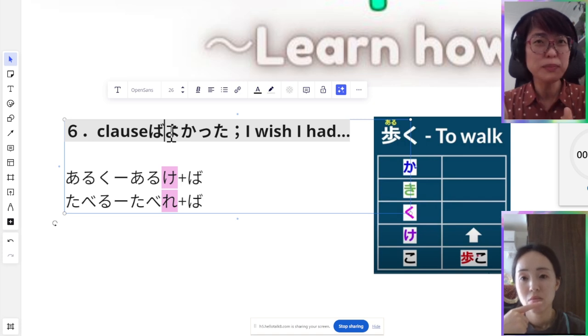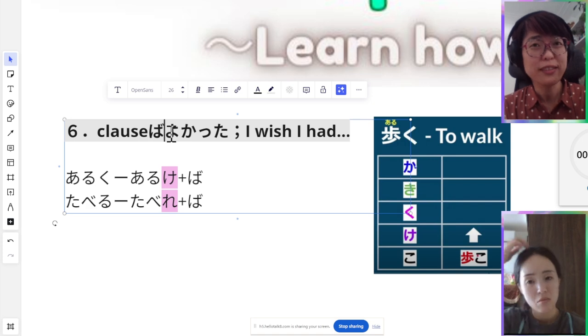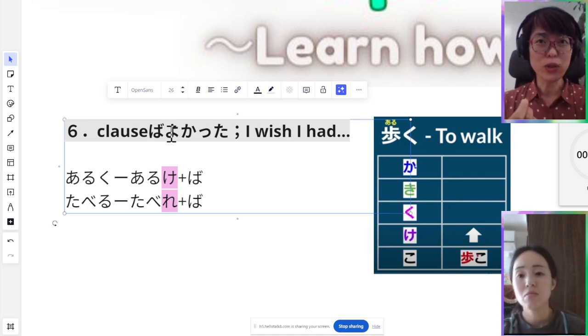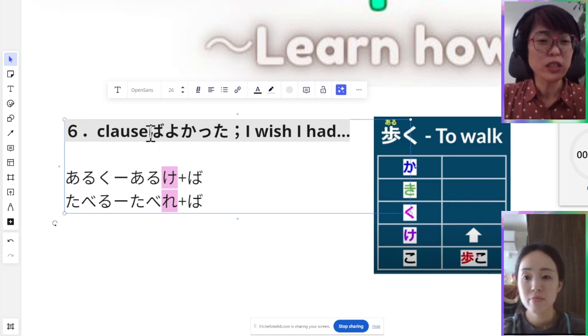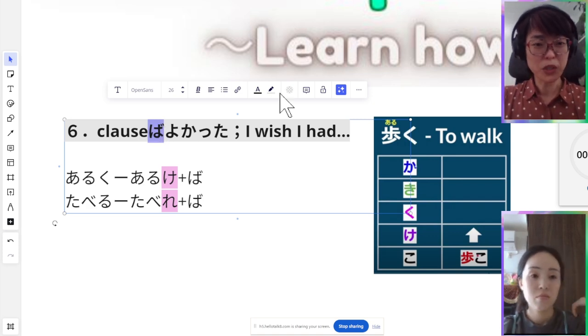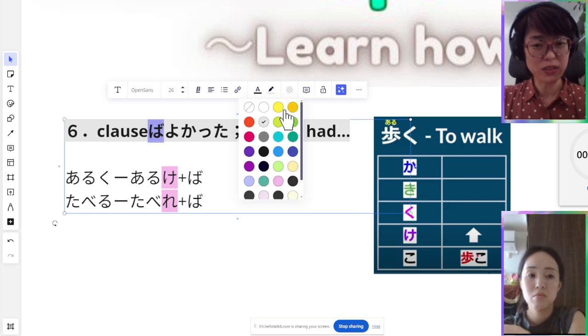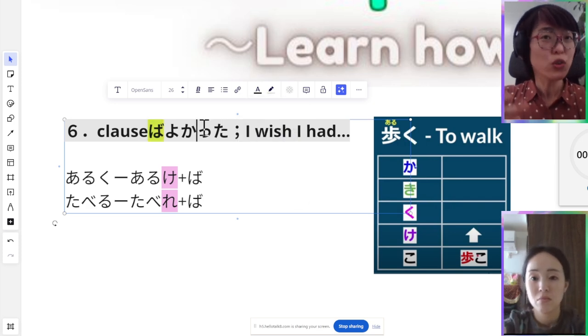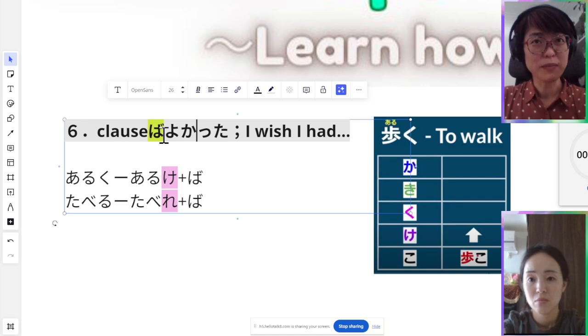Why are you not explaining it well? It's really confusing. That's Andy's point. If you encounter this phrase, ba yokatta, oh, that's a set phrase. When I want to say yokatta, I'm going to make ba. But that's a really narrow situation, right?